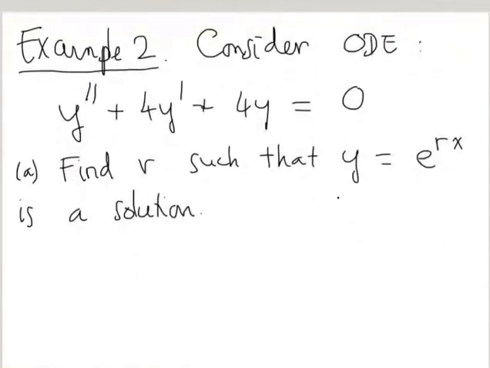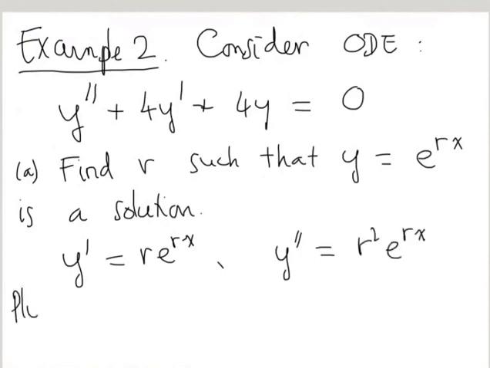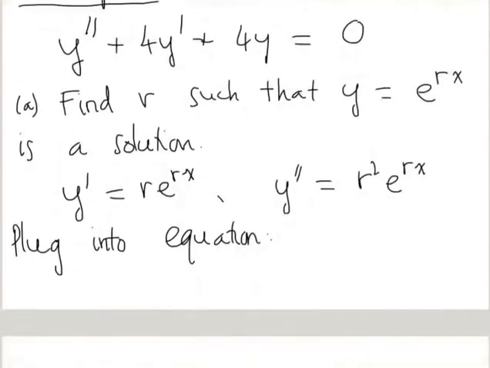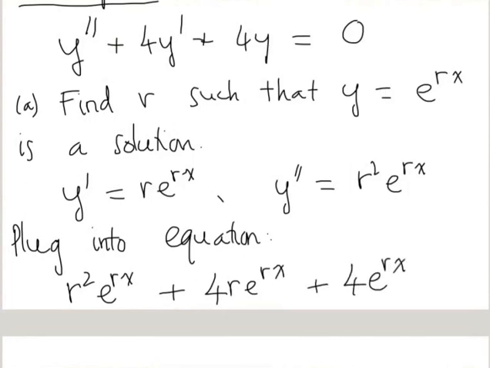We again saw this earlier in topic 1. To find r, we just take derivatives: y prime is r e to the rx, and using the exponential rule, y double prime is r squared e to the rx. Then we plug into the equation. We have r squared e to the rx plus 4 times the derivative, so 4r e to the rx, plus 4 times y, so 4 e to the rx, equals 0.